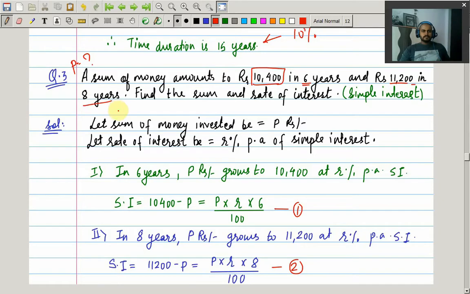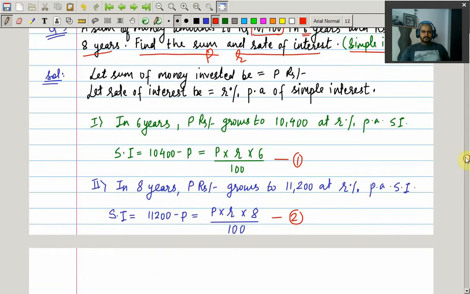So we don't know how much money we are investing, but we know that in 6 years that unknown amount is growing to 10,400, and in 8 years it is growing to 11,200. Find the sum and rate of interest. It's not written that the interest is simple interest, so I'm taking it as simple interest. So we have to find P and R.